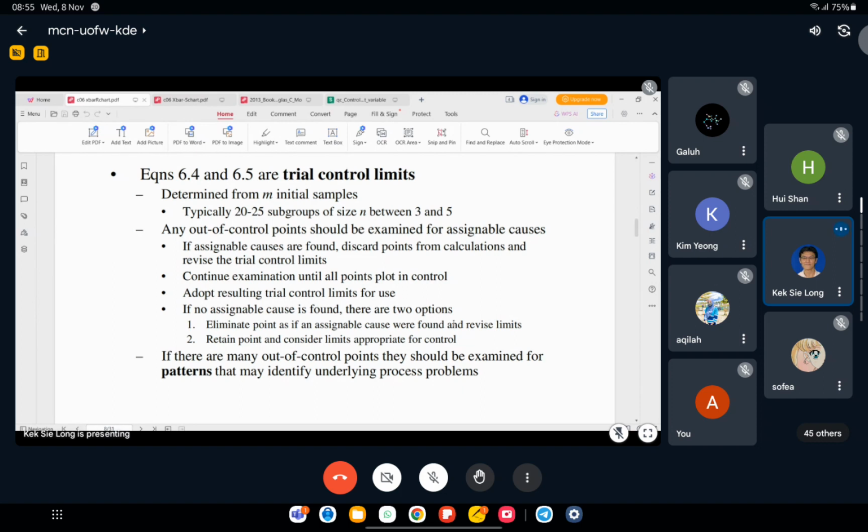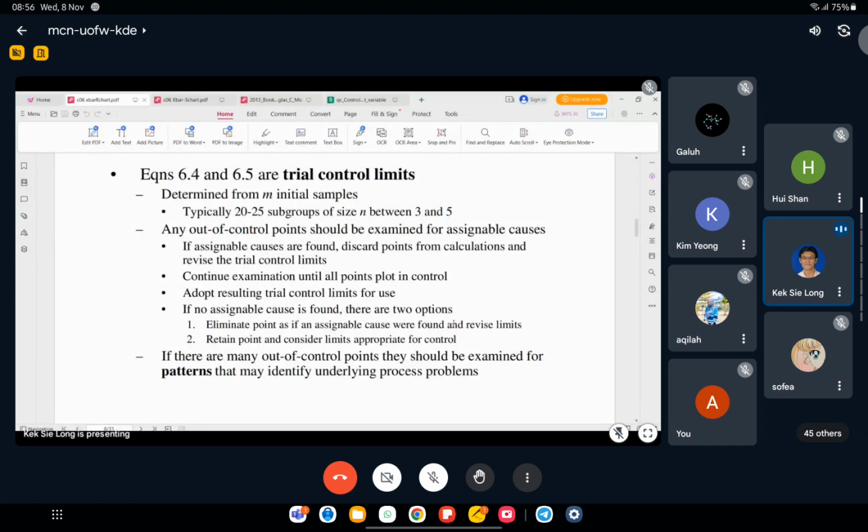We determine the assignable cause, resolve and settle all the issues, and then recollect another set of points. This is after we have resolved the assignable cause.